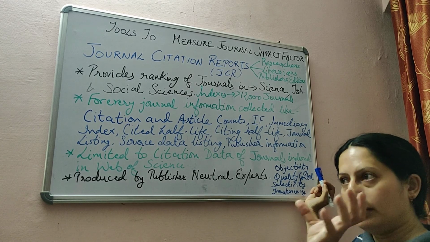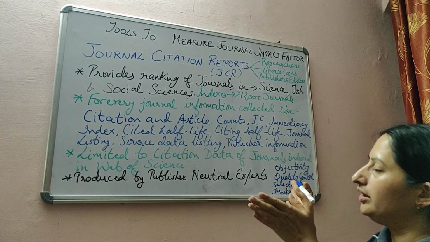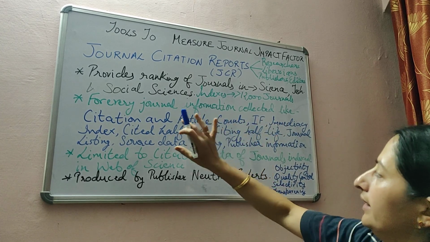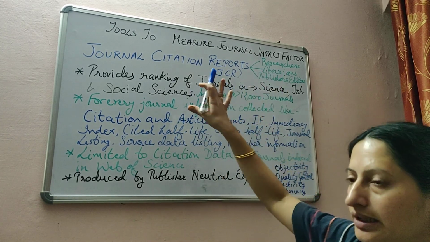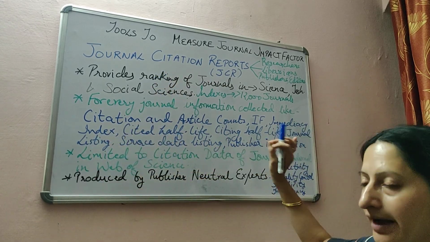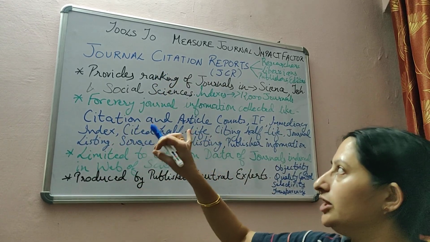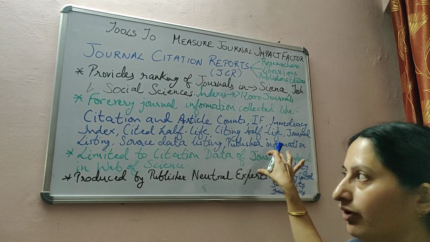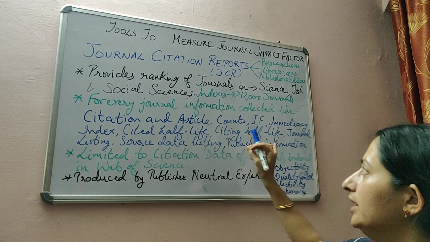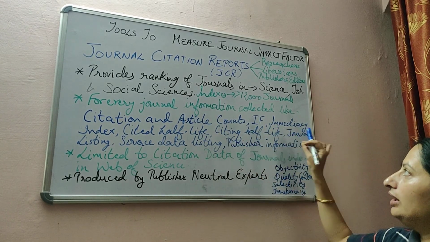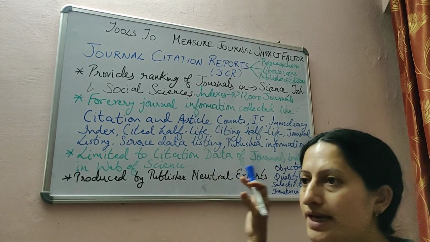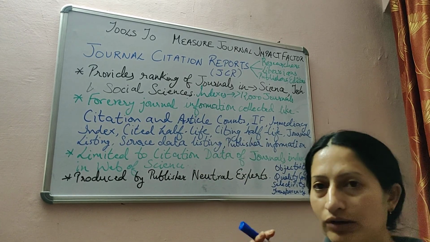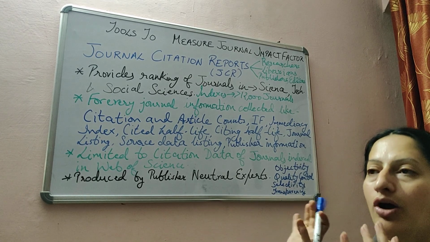It finds out the report based on certain criteria which I have already given you. For every journal, it collects the impact factor, citation and article counts, publisher information, cited half-life, citing half-life and immediacy index, and only then is the report created for that journal. So it is very objective.